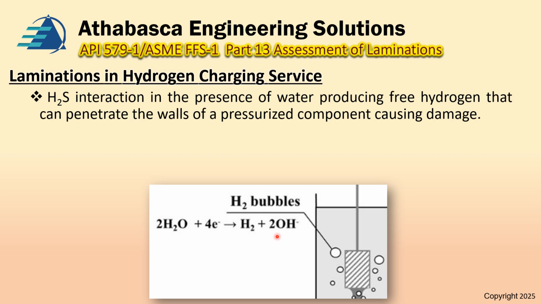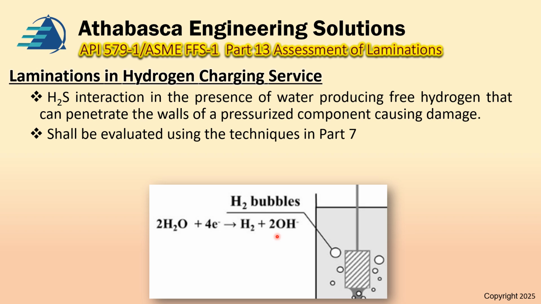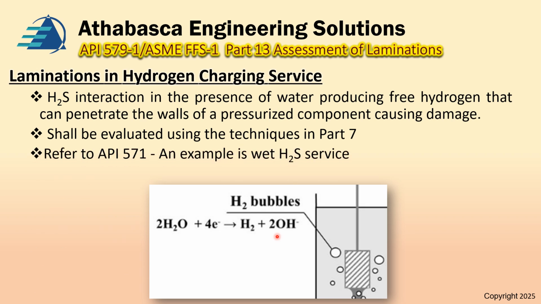So basically, hydrogen charging, just as a reminder, is when H2S interacts in the presence of water, producing free hydrogen that can penetrate the walls of a pressurized component, causing damage. If this is the case, then you need to follow the requirements of Part 7 and also refer to API 571.